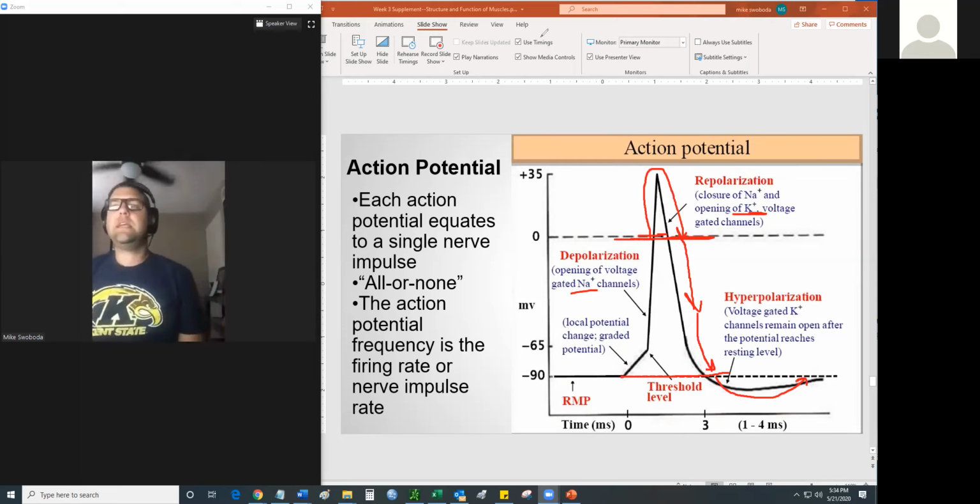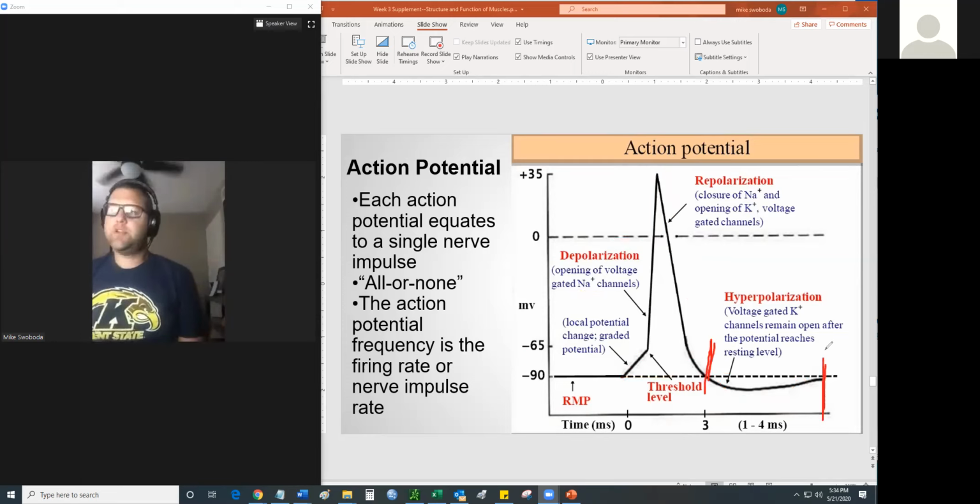Once you hit this phase here, up to the point where you get back to that resting membrane potential, this is hyperpolarization. The other term for this is your refractory period. This is the time at which you cannot have another action potential.